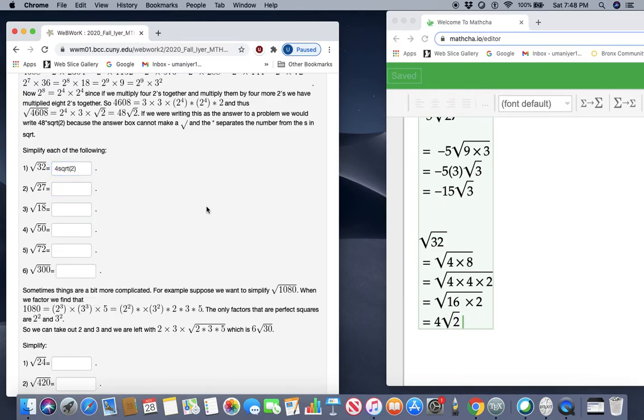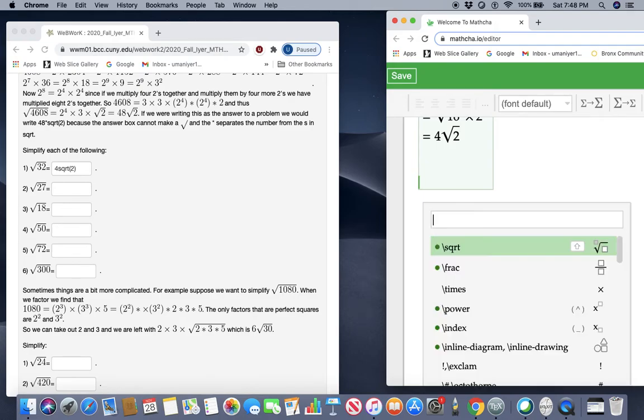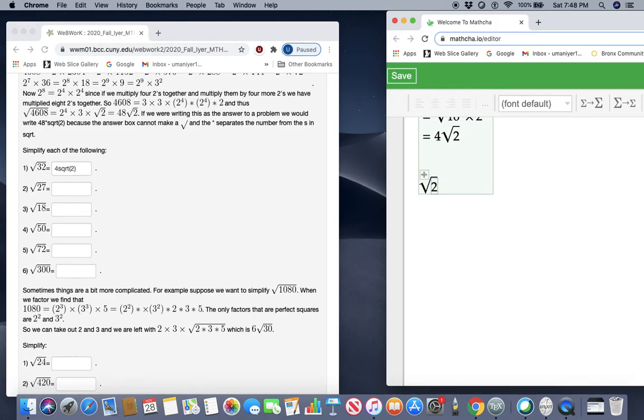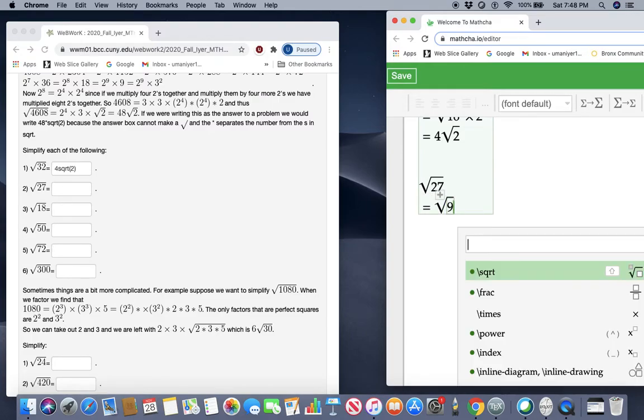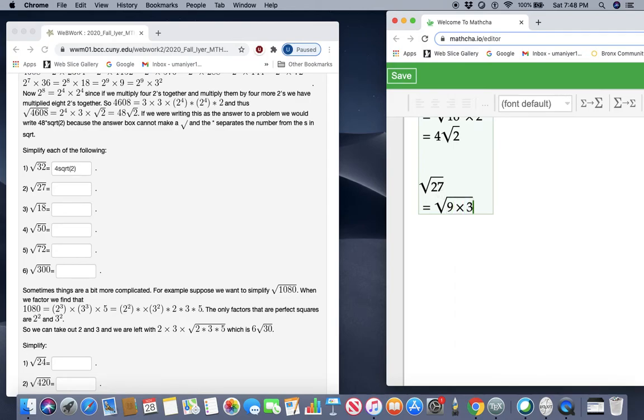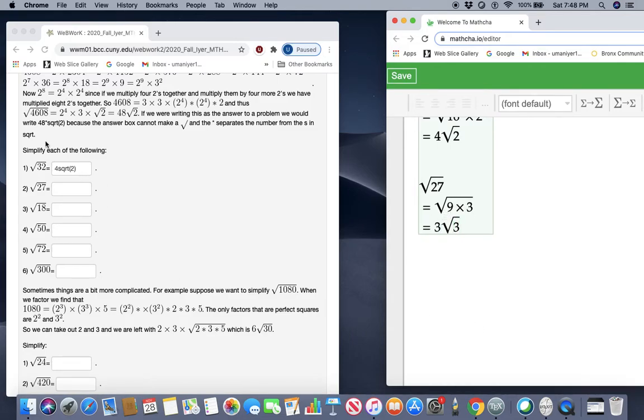Likewise, what about square root 27? We have seen this several times by now. This is square root 9 times 3. Square root 9 is 3 and square root 3 cannot be improved.